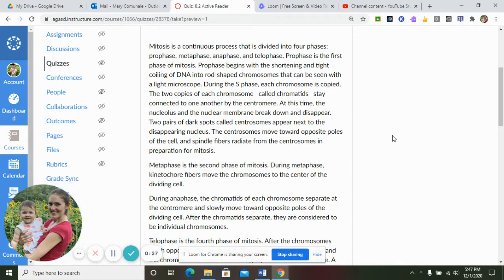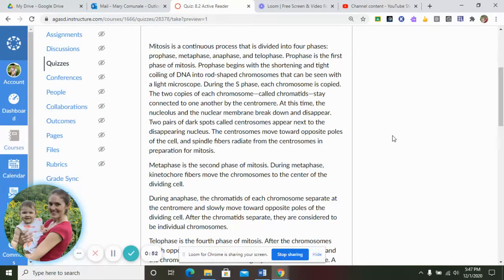It's all about mitosis, so these are things we've already covered in our notes. Mitosis is a continuous process that is divided into 4 phases: prophase, metaphase, anaphase, and telophase. Prophase is the first phase of mitosis. Prophase begins with the shortening and tight coiling of DNA into rod-shaped chromosomes that can be seen with a light microscope. During the S phase, each chromosome is copied.